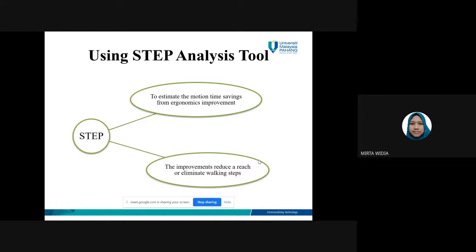So how do we use the STEP analysis tool? In this step, we estimate the motion time saving from ergonomics improvement, where the improvement reduces reach or eliminates working steps. So the non-value added tasks here, when we use the STEP analysis tool, are reach, and also reducing the reach and eliminating the working step.